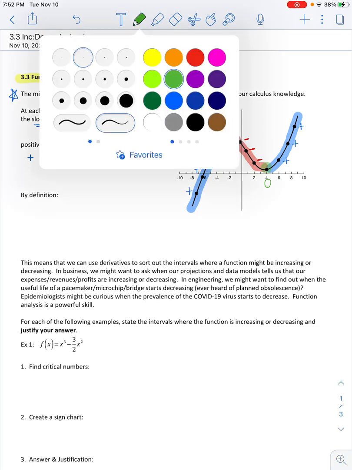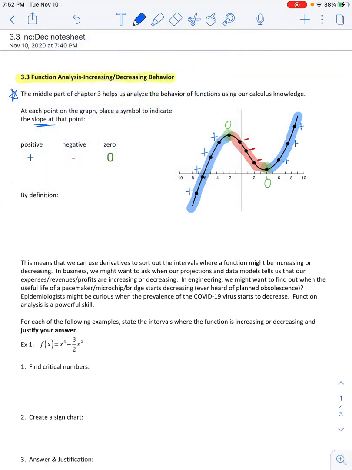So what we have by definition then is that f is increasing for all x in (a, b) where f prime is positive.